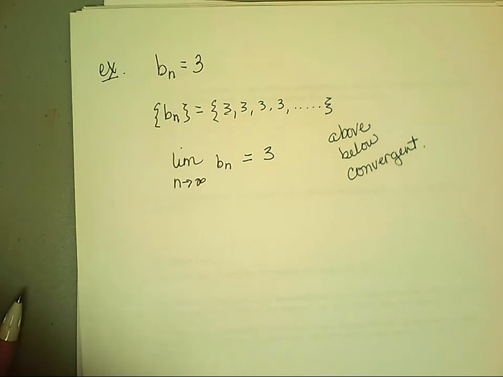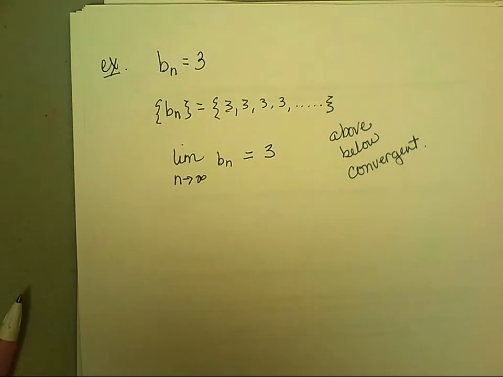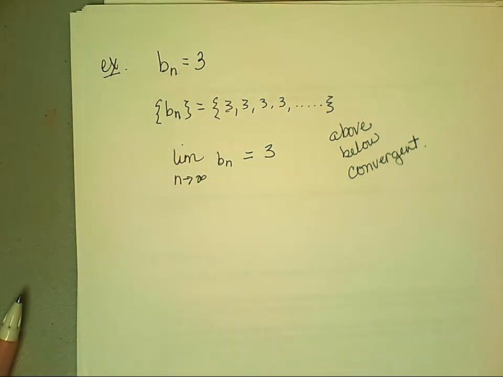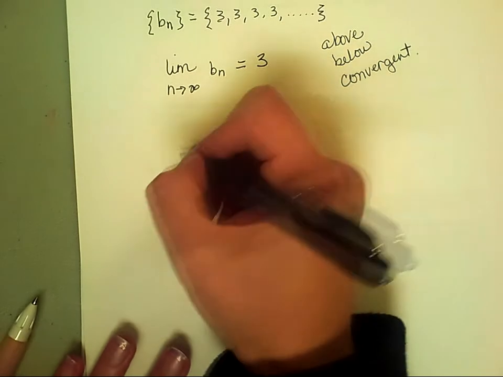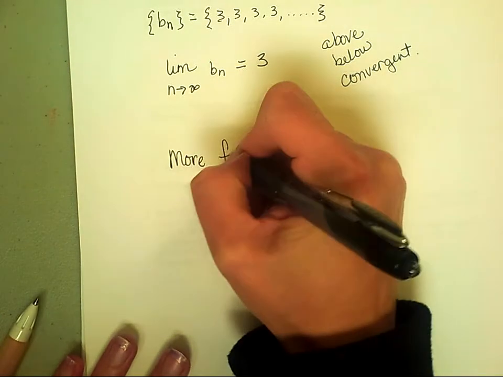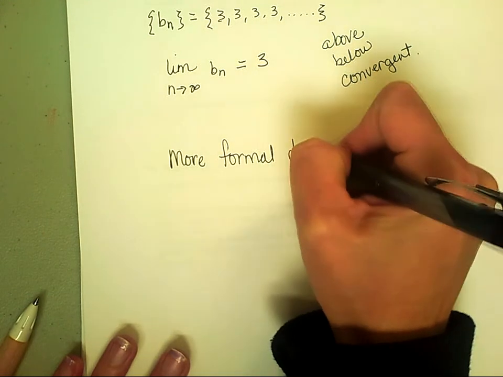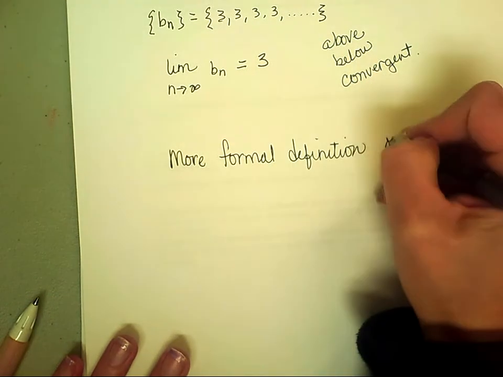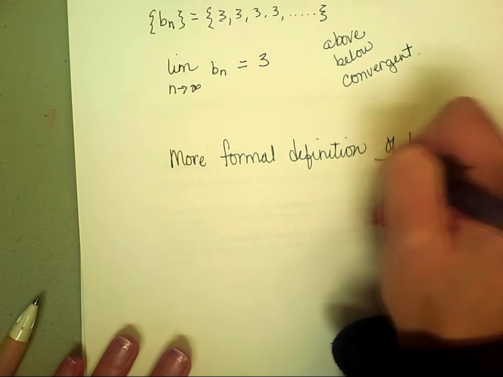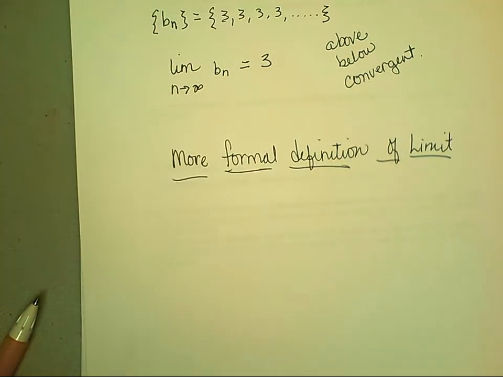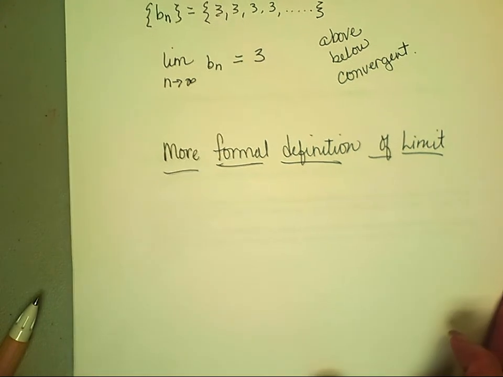Okay, let's try some more things here then. Now that we can identify them, now that we have an idea about what the limit of the sequence is, let's try and build to a more formal definition.